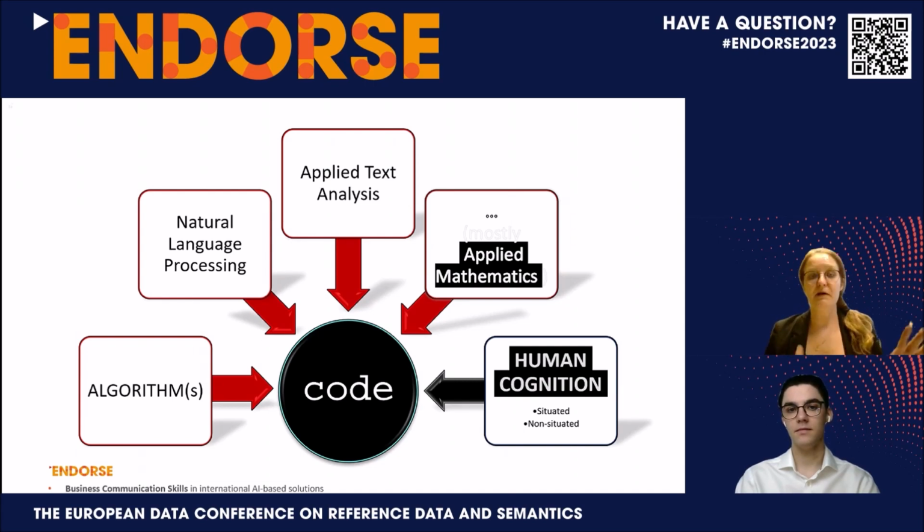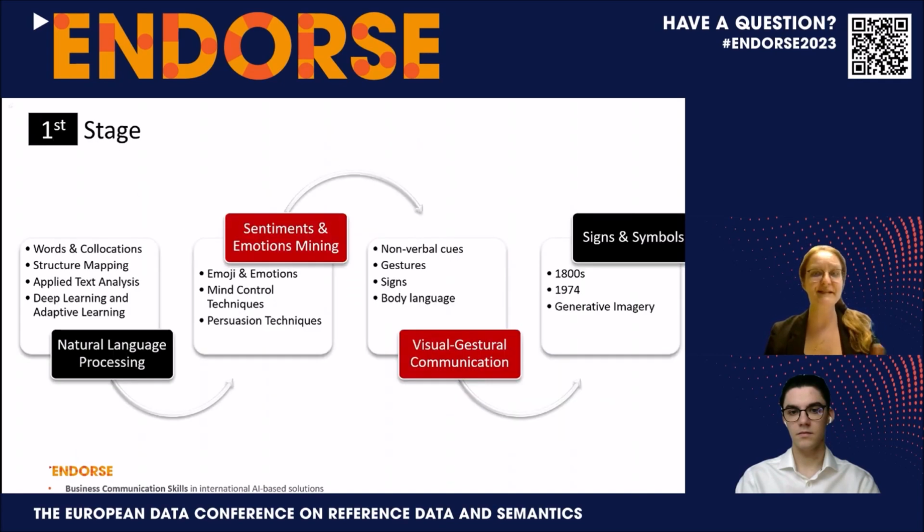As for now, when we are talking about the code, we've got algorithms, natural language processing, applied text analysis, in most cases mostly applied mathematics, and we would like to add human cognition, both situated and not situated, which is, let's say, not an easy process. Still, it's applicable.